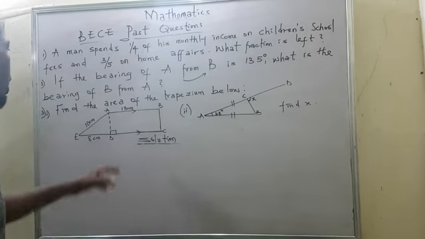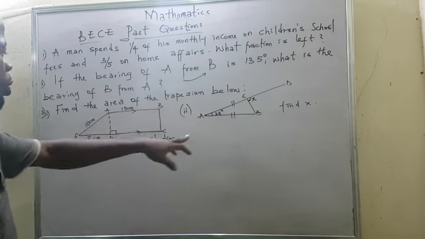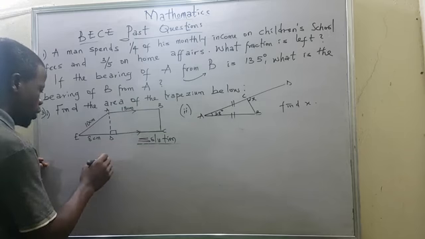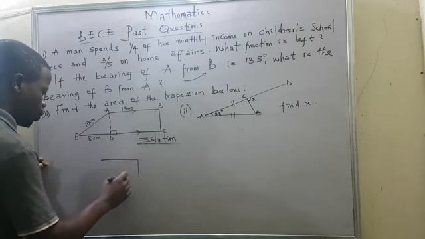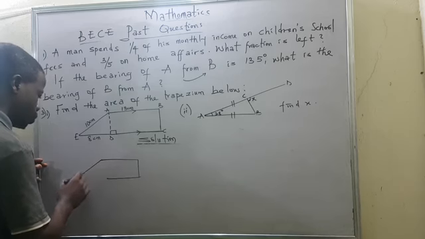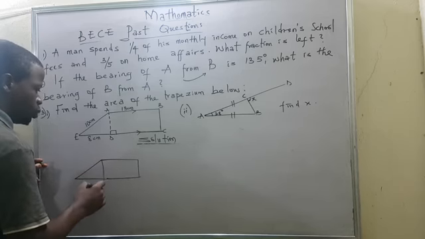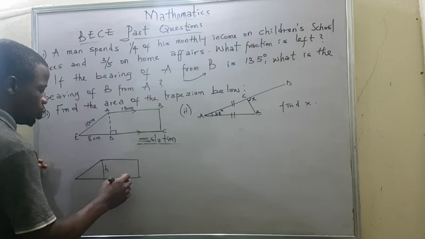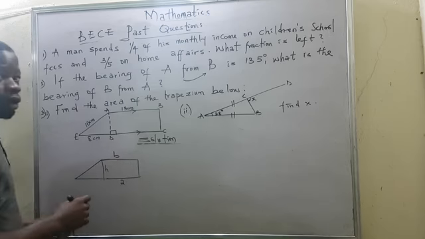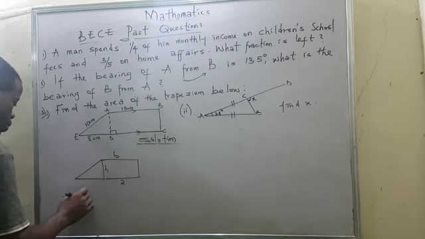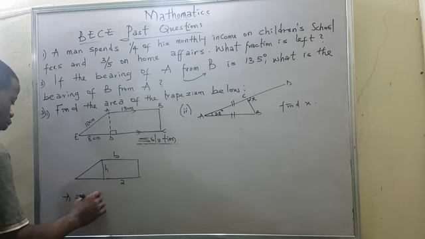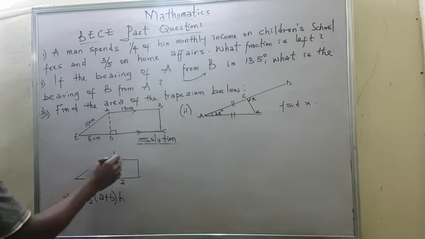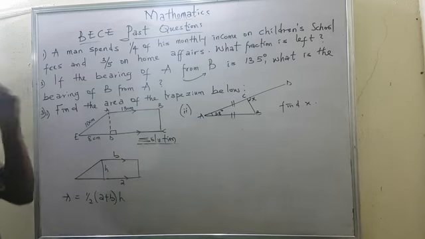Now, we are to find the area of the trapezium. This is a trapezium, and don't forget, if you have a trapezium, what you need is the height, you need the A, you need the B. Because the area of a trapezium is always half open bracket A plus B, then times the height, where these two lines are parallel to each other.